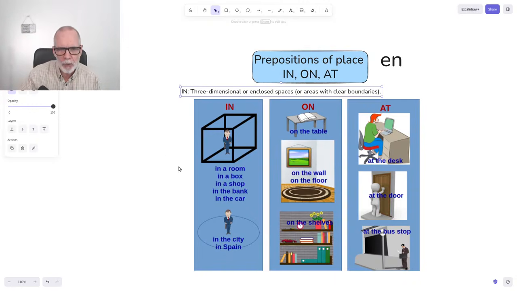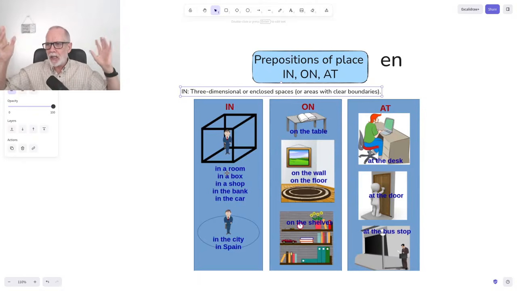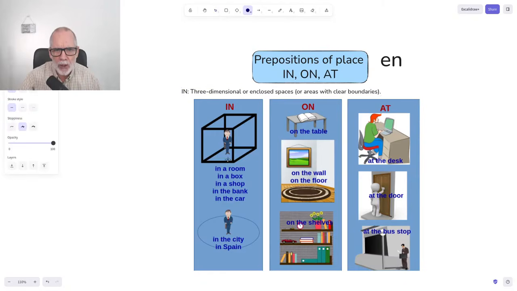Vamos a ver ejemplos. Por ejemplo, decimos in a box, en una caja, porque una caja obviamente es un espacio de 3 dimensiones cerrado. Ese es un ejemplo clásico de cuando vamos a usar in.